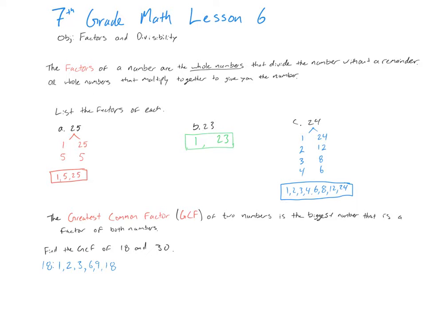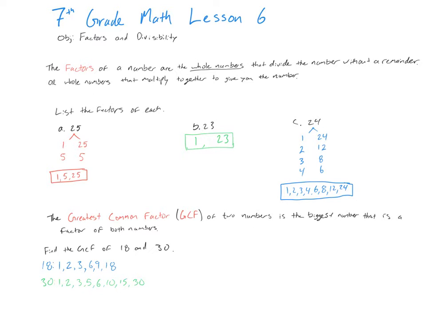And then let's look at maybe the factors of 30, and there's going to be 1 times 30, 2 times 15, 3 times 10, 4 does not, 5 does, 5 times 6.